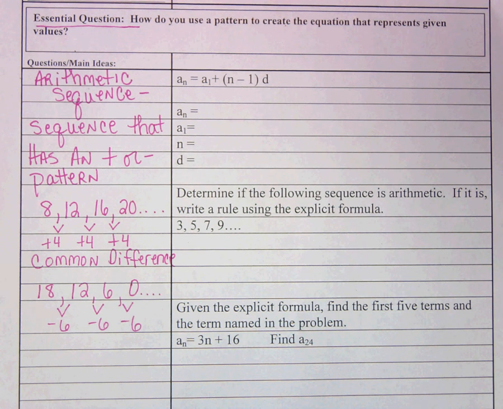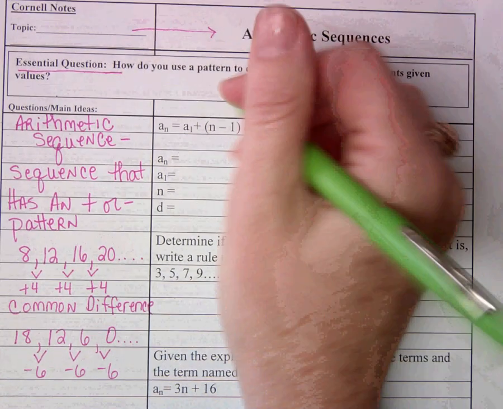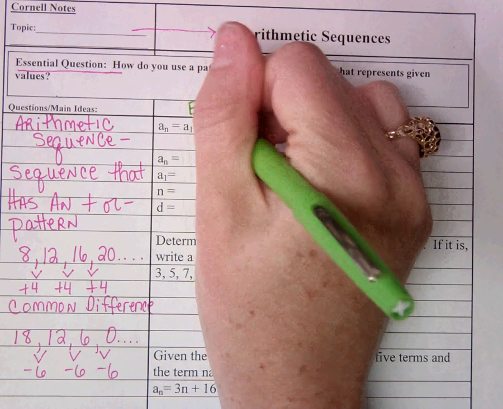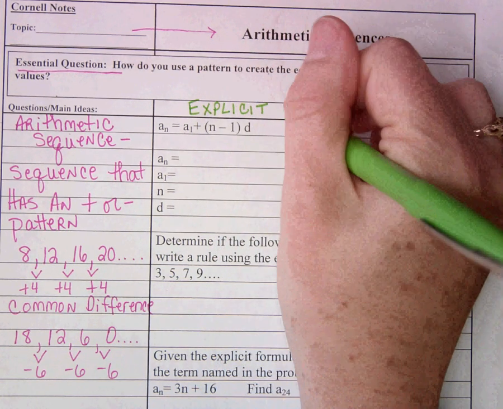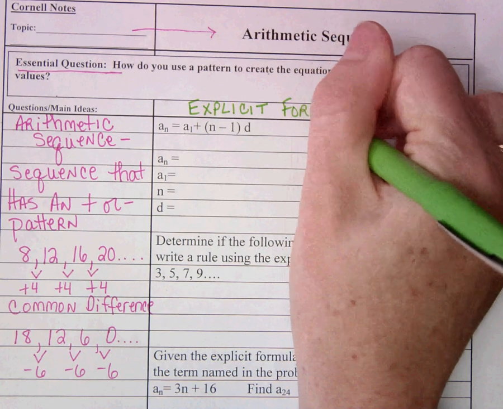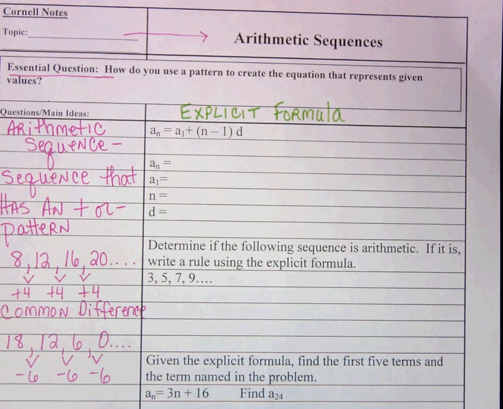So we're going to learn how to write the rules for arithmetic sequences in 2 different ways. And so the first rule that we're looking at is the explicit formula. And it's more like a regular equation where we can do things with it.